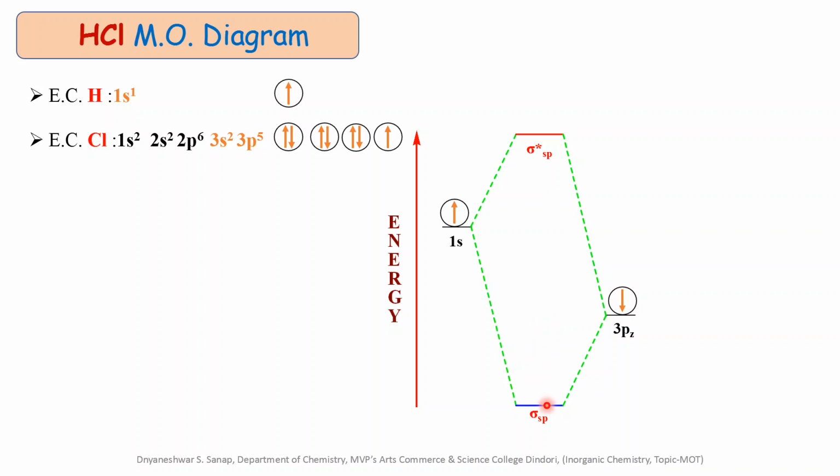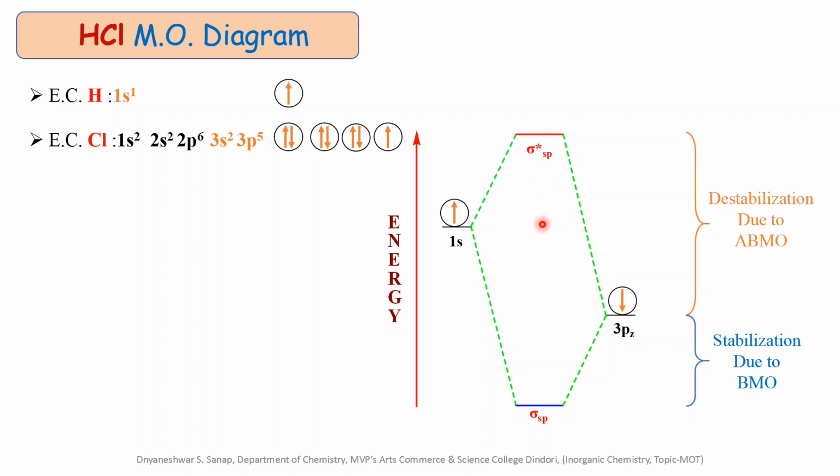The lower energy bonding molecular orbital is called the stabilizing molecular orbital, and it stabilizes the formation of the HCl bond. The higher energy molecular orbital with respect to the atomic orbital is called the destabilizing orbital, and it destabilizes the formation of bonding in the HCl molecule.